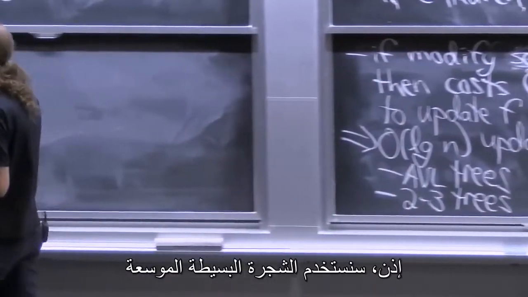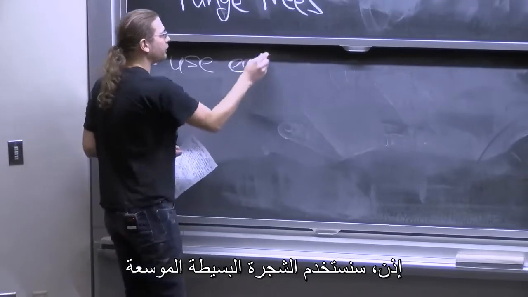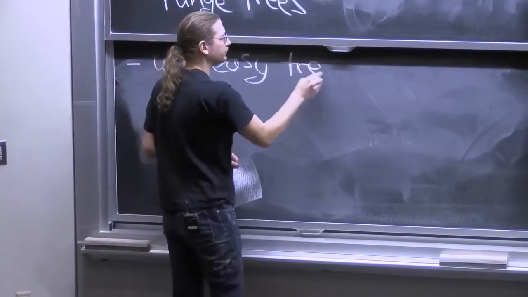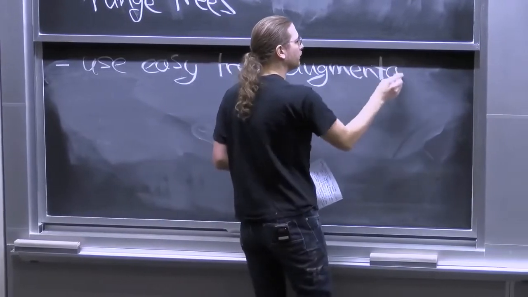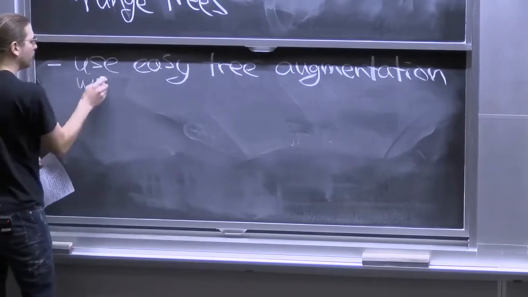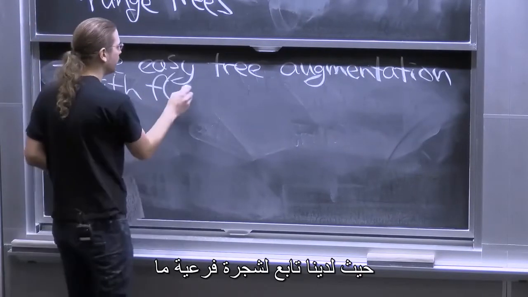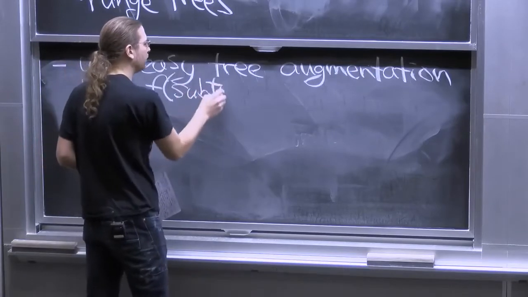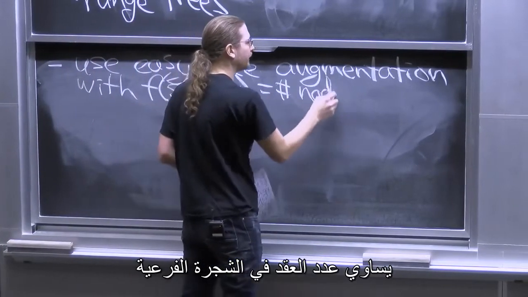So we're going to use easy tree augmentation, with f of subtree equal to the number of nodes in the subtree.